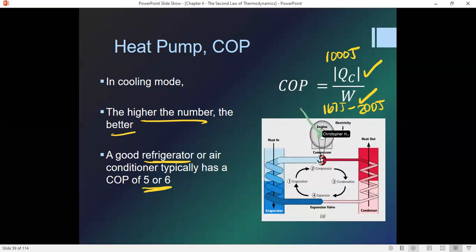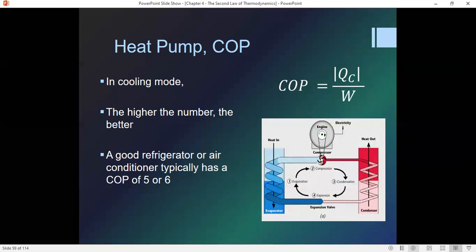Work is going in here, and QC is going in here, and then they both add together to produce a net outward of QH, where QH is equal to QC plus W. Better coefficient of performance, more efficient, better refrigerator. And again, for a freezer, it's going to be much lower than a 5 or a 6, because you're trying to cool down to about 0 degrees Fahrenheit.